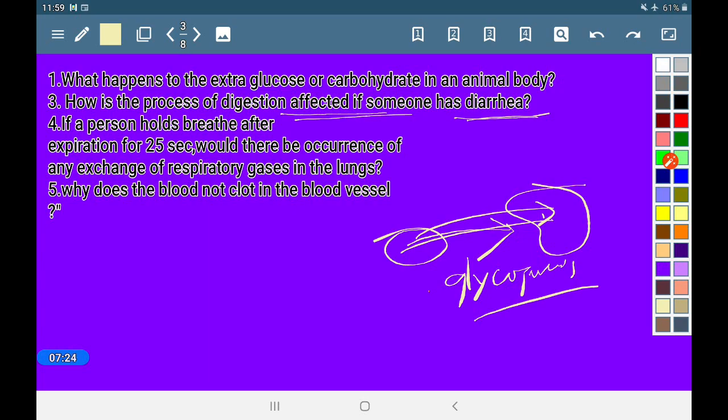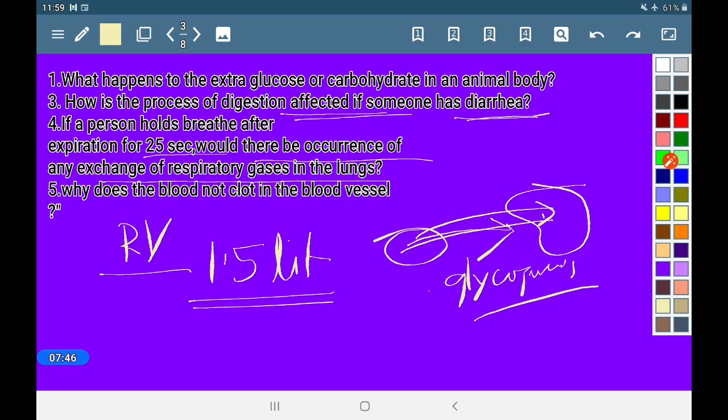Now the next question: if a person holds breath after expiration for 25 seconds or more, will there be an exchange of gases? Yes, there will be an exchange of gases because of RV, residual volume. Residual volume is 1.5 liters. It is almost like emergency fuel in our vehicle.